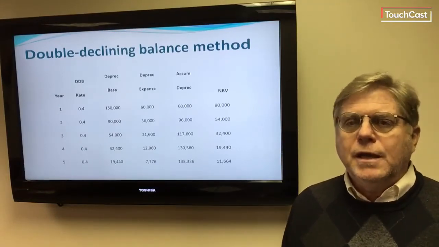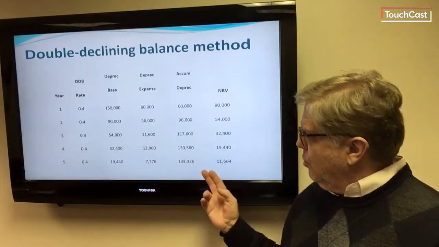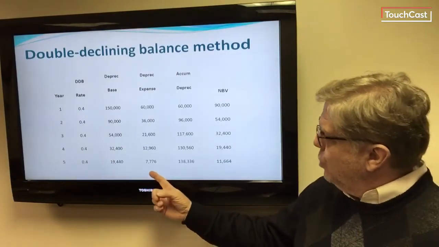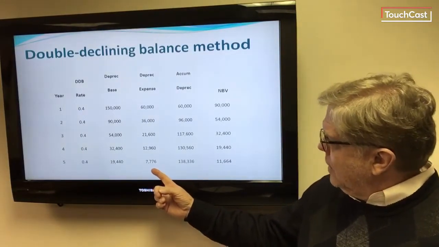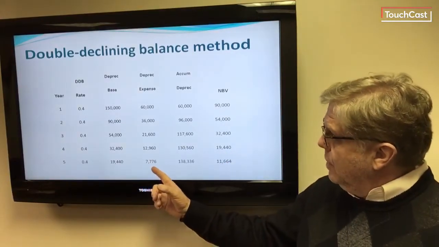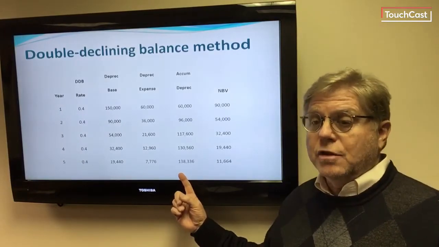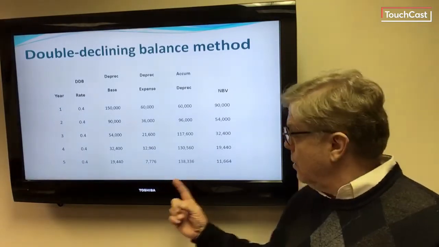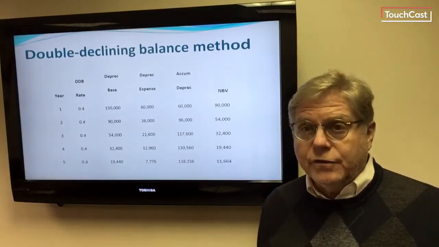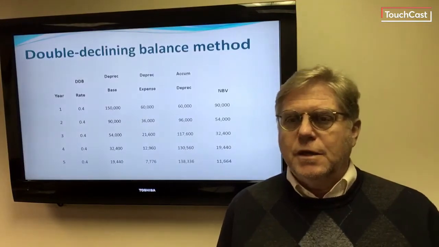Now, how will a company handle this in a given situation? Well, it could very well just take this last year here and go ahead and depreciate it for $9,440 here, which would end up providing accumulated depreciation of what, $140,000 and a net book value of $10,000, which represents the salvage value at the end of its estimated useful life.